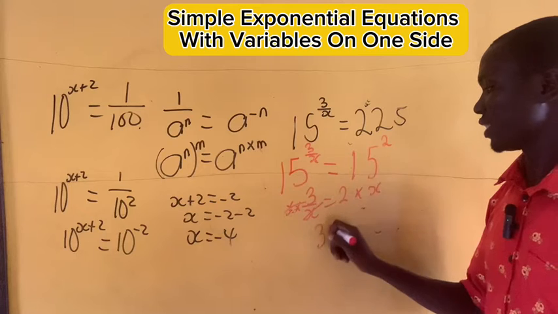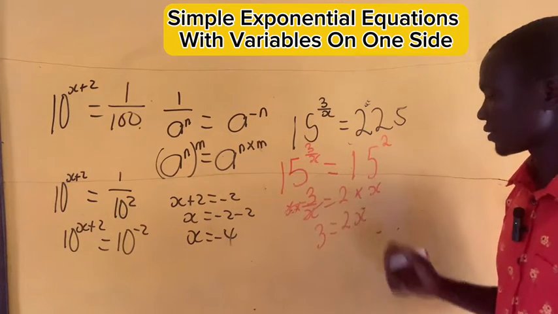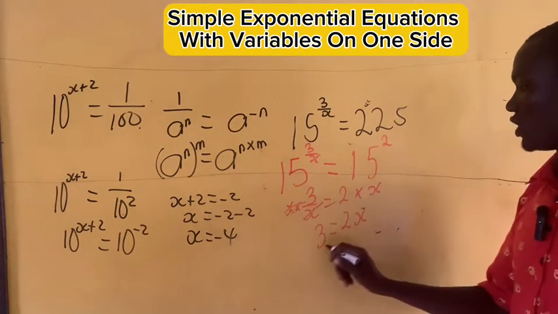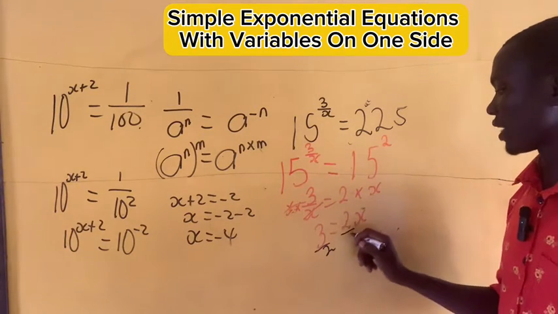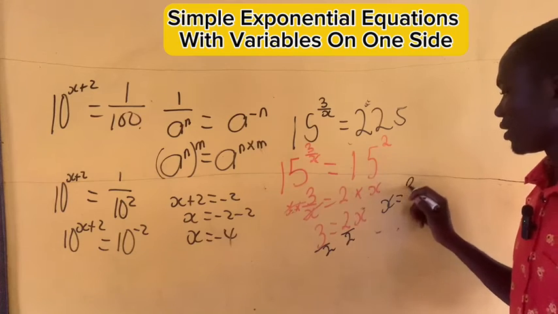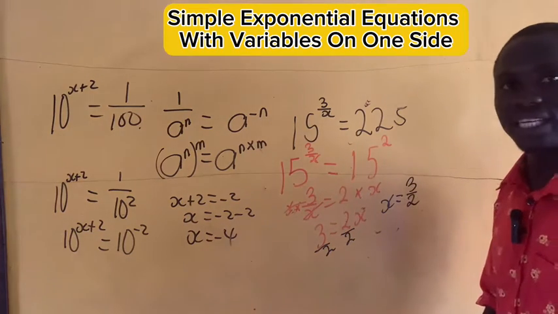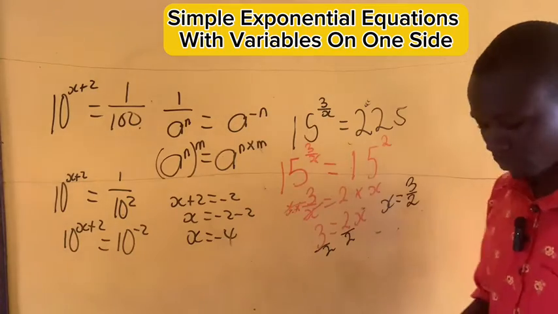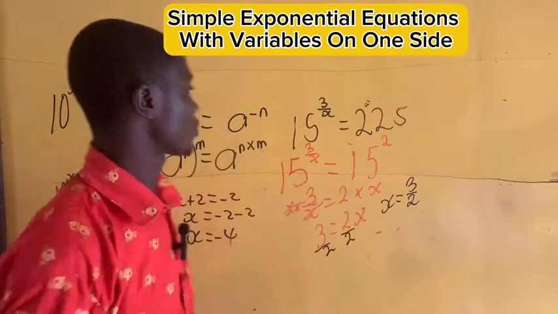And we have 3 equals 2x. And here, we will divide here by 2 and divide here by 2 to get x equals 3 over 2 in a very simple way. Okay, let us continue.